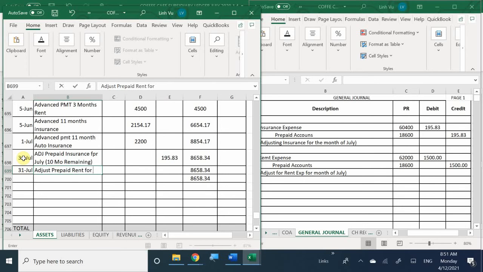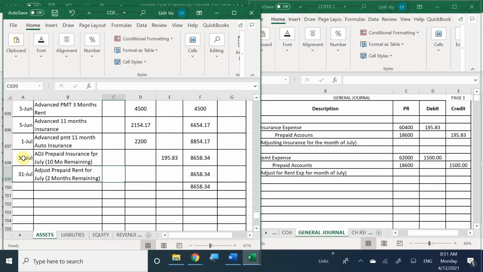Adjust prepaid rent for July, 2 months remaining. So here I'm going to credit my $1,500. So now my prepaid account has decreased from 8,854 from 8,658 for my insurance, and now it has dropped down to 7,000 for my rent.